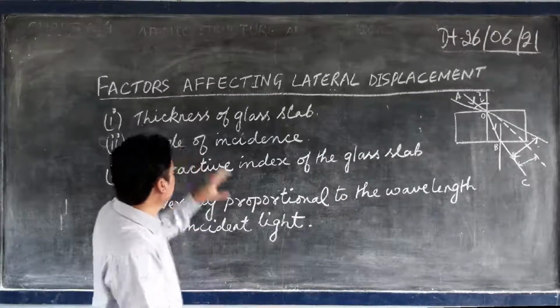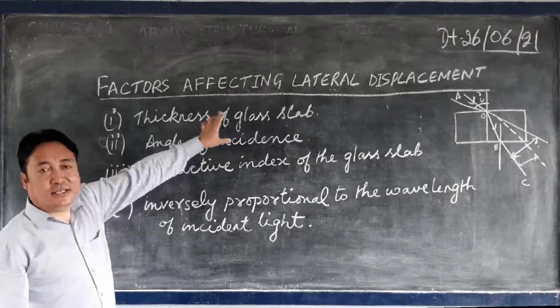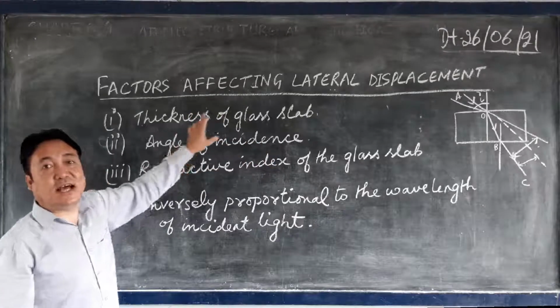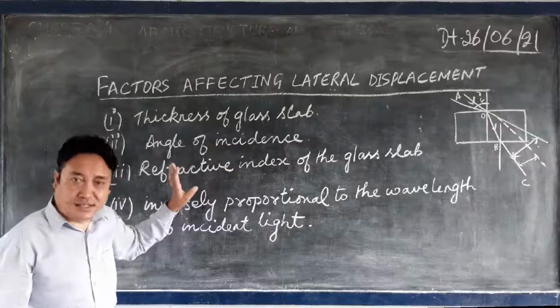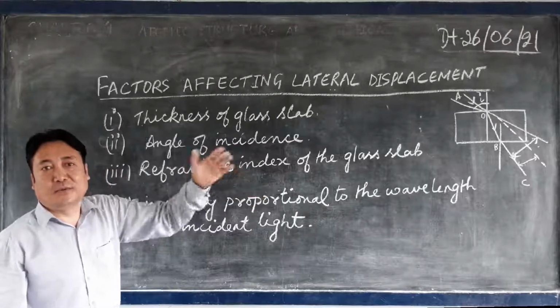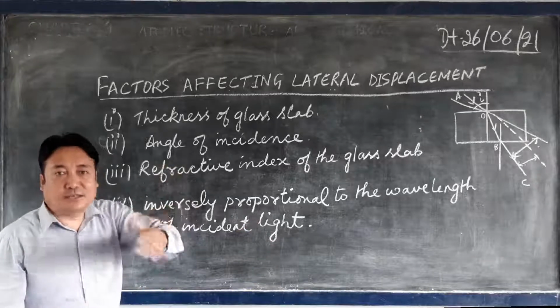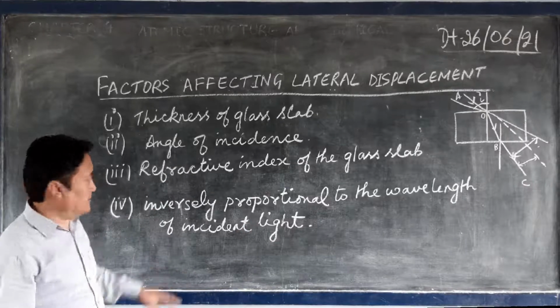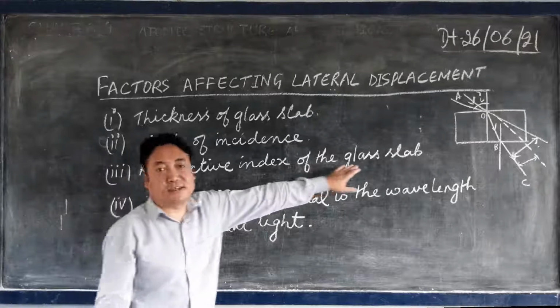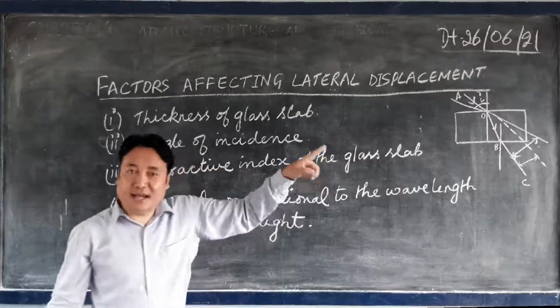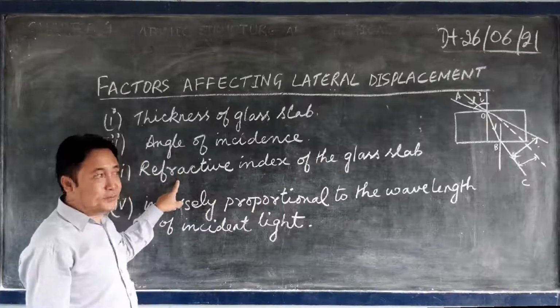So lateral displacement is directly proportional to the thickness of the glass slab, and it is directly proportional to the angle of incidence. The more the angle of incidence, the more the lateral displacement; the lesser the angle of incidence, the lesser the lateral displacement. The third one is the refractive index of the glass slab. Lateral displacement is again directly proportional to the refractive index.